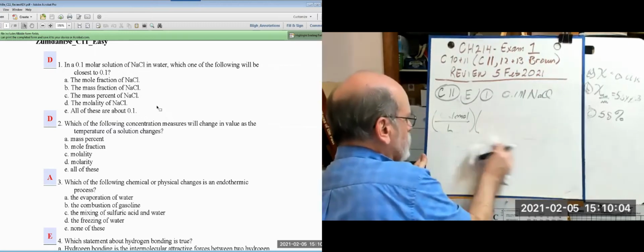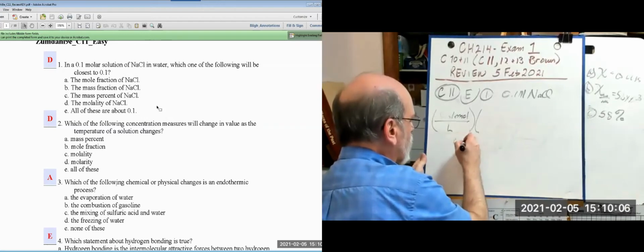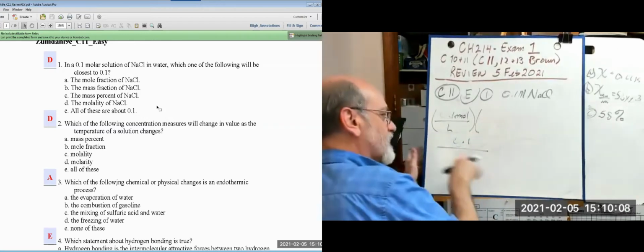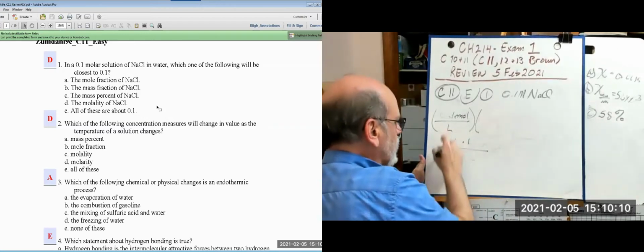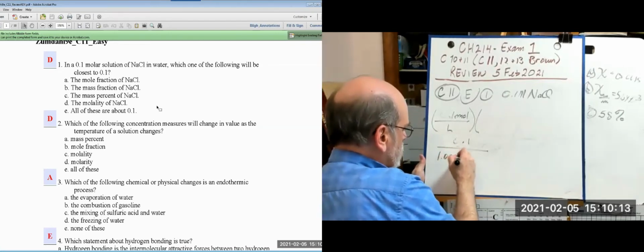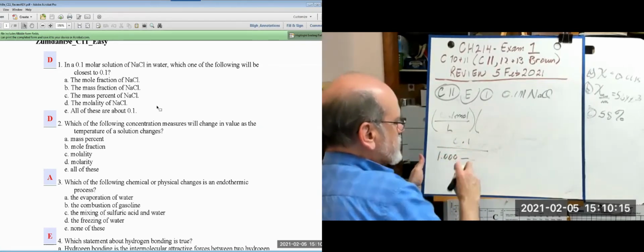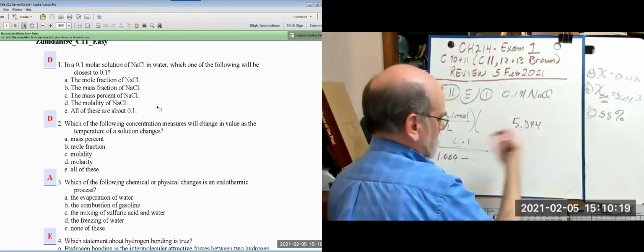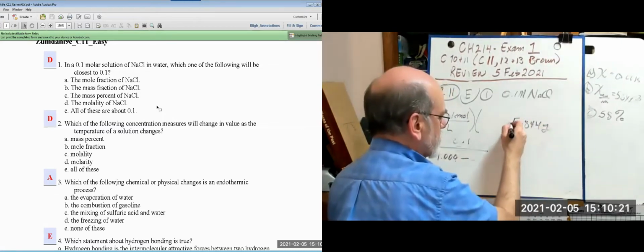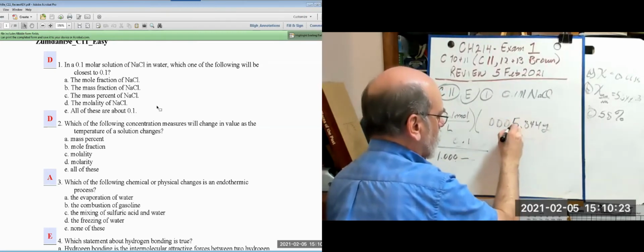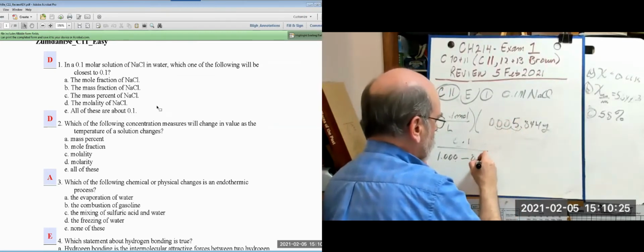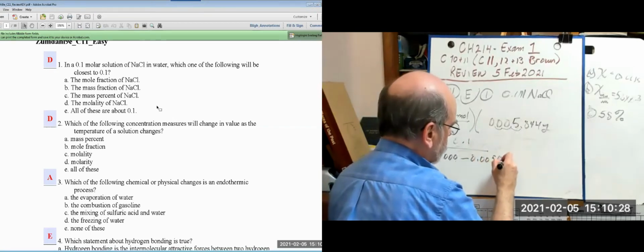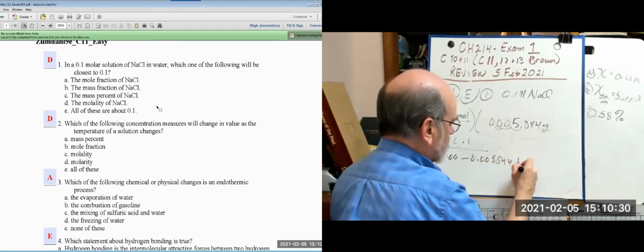We still want 0.1 moles, but the mass now is 1 liter is 1 kilogram minus 5.844 grams, which would be 0.005844 kilograms total.